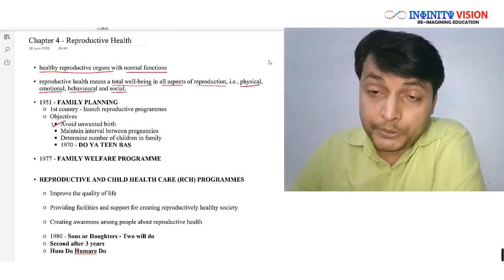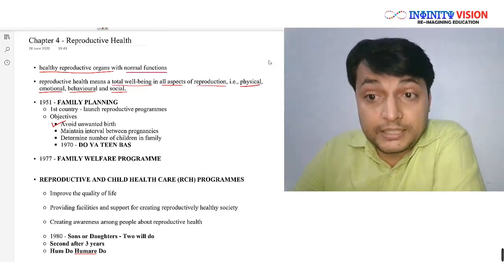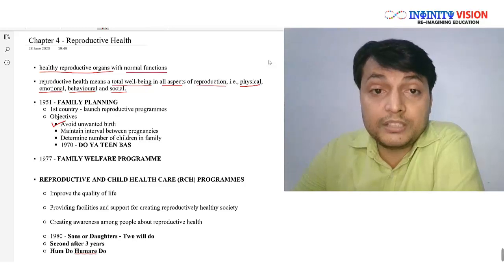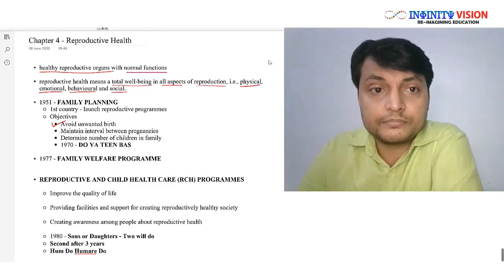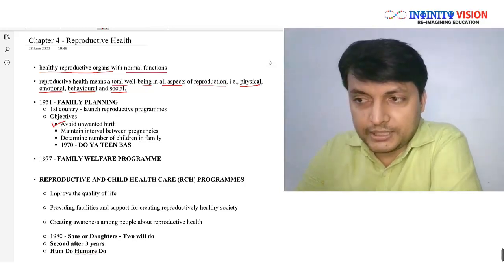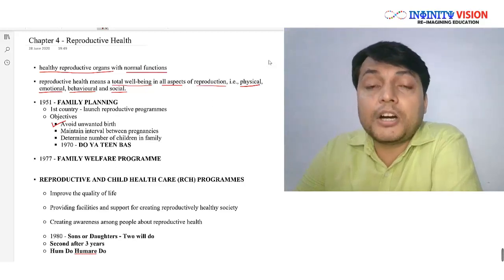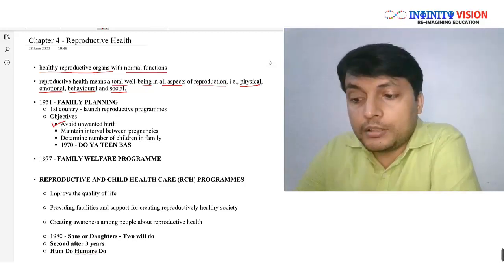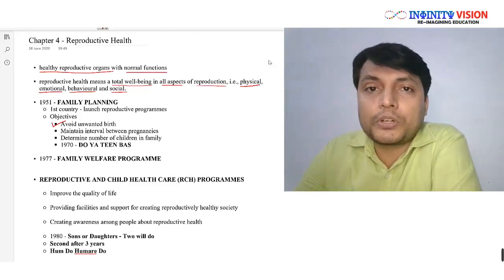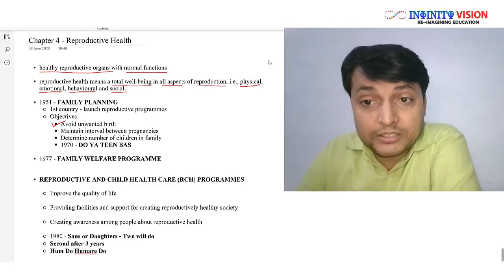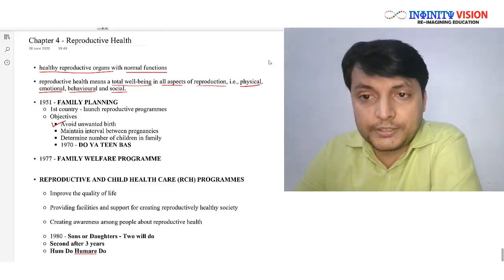Now remember, this was the time when people used to have dozens of kids. There were couples having 13, 14, 15, even 20 kids. So the first thing the government did was to educate people and make them aware of the goodness of a smaller family, and ask them to go for only 2 or 3 children at max. Do not explode the population.